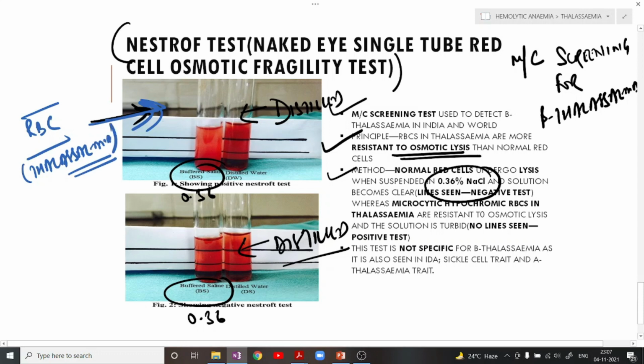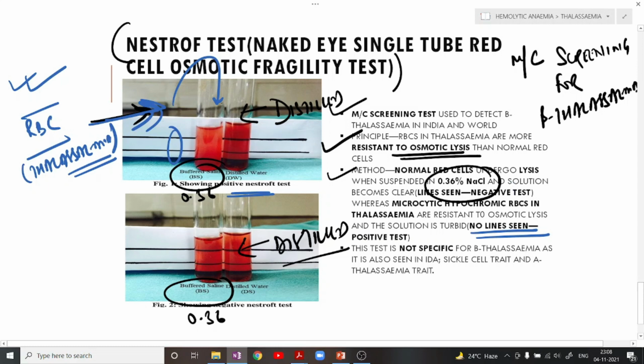So remember what has happened here: these RBCs in a patient of thalassemia, when we have added them in this particular sample, have resisted osmotic lysis, so they have not undergone lysis, and therefore the background lines are not seen in this first case. This is called a positive Nesterov test.